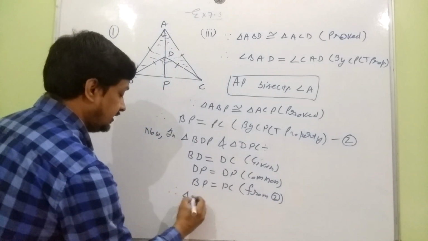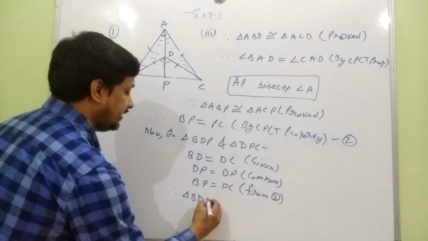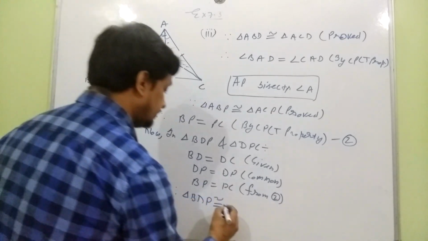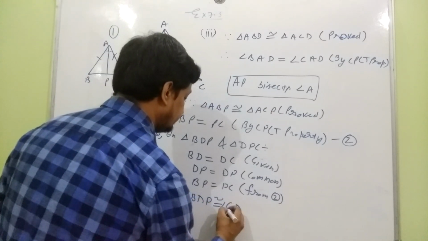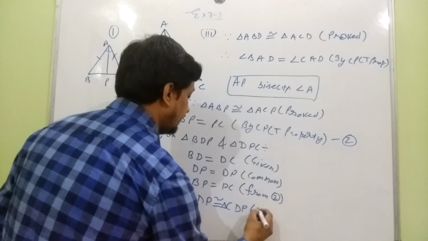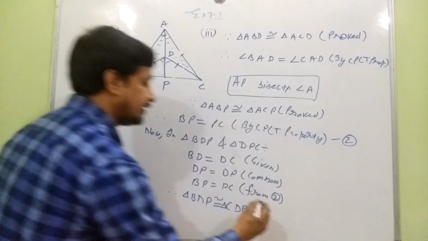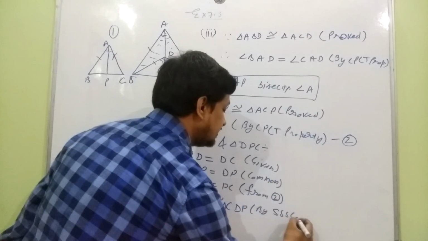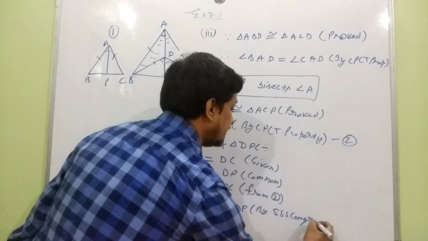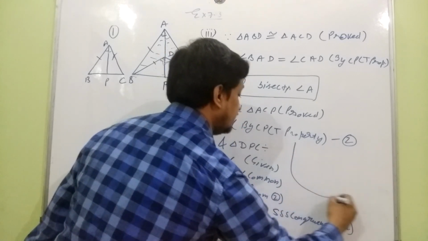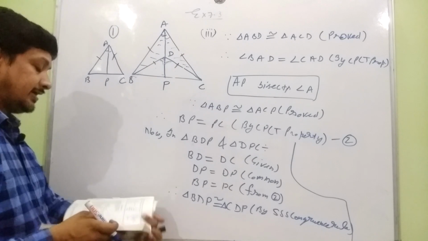So we can say triangle BDP is congruent to triangle CDP by which congruency? All the times we have taken sides, so by SSS congruence rule. Okay, we have proved these triangles to be congruent.